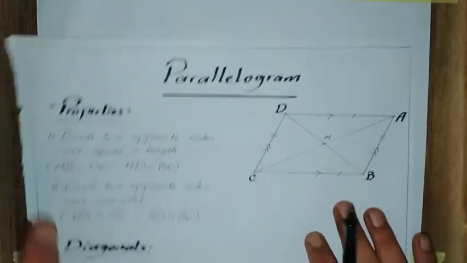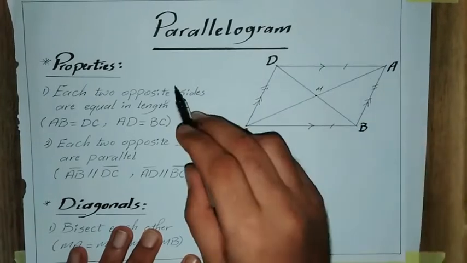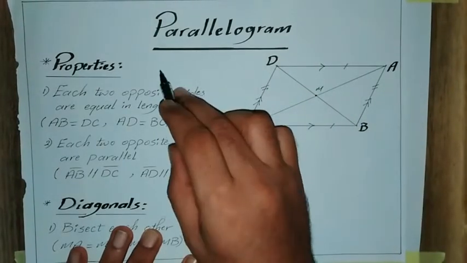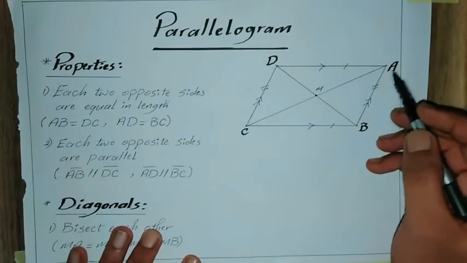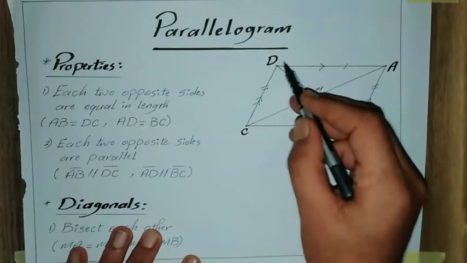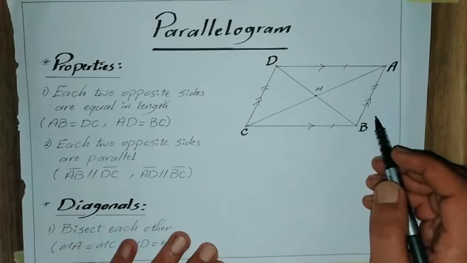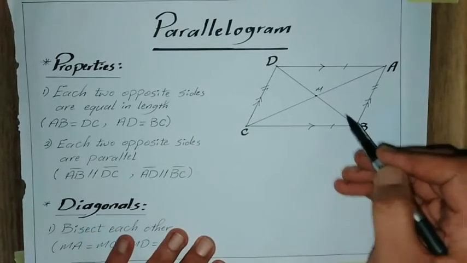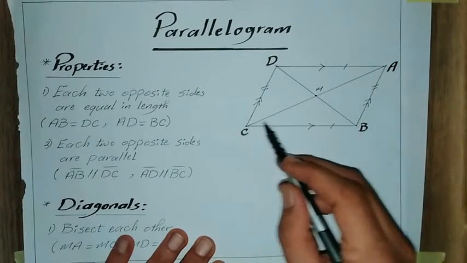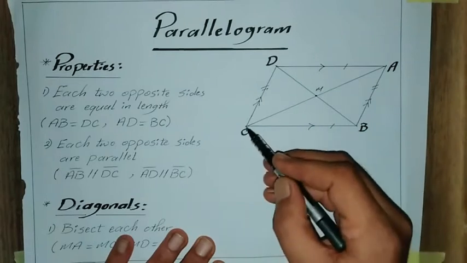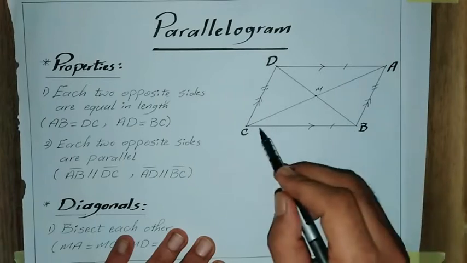The fourth quad, parallelogram. The parallelogram ABCD has 3 properties. Each two opposite sides are equal in length. AB is equal to CD, and AD is equal to BC.